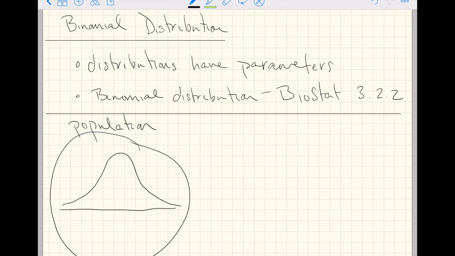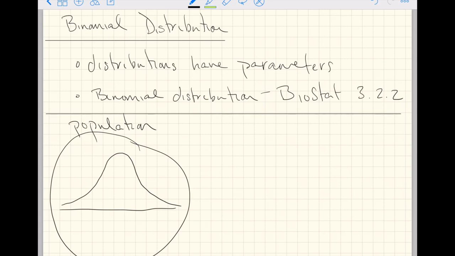In statistics, we theorize that there is a mathematical formula describing this curve, and this curve is the distribution itself that describes the population. So really, more so in more advanced courses that involve a lot of calculus, we're identifying a population with a mathematical formula that we call a distribution.